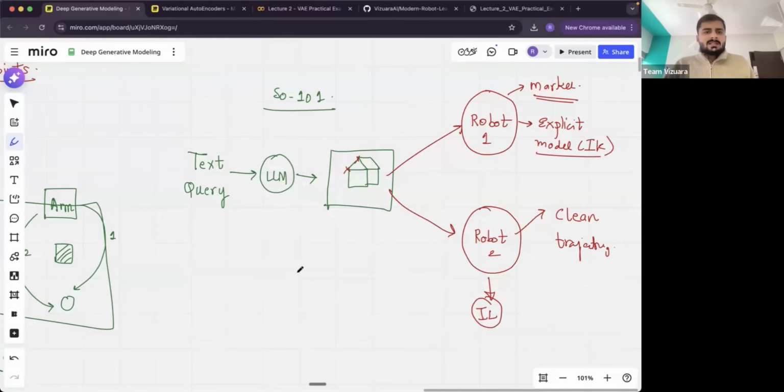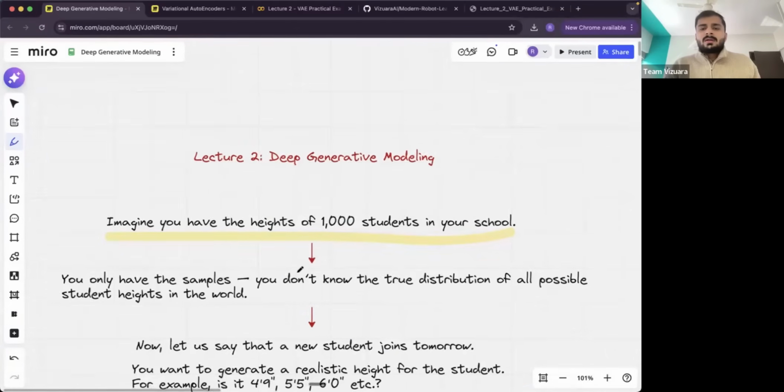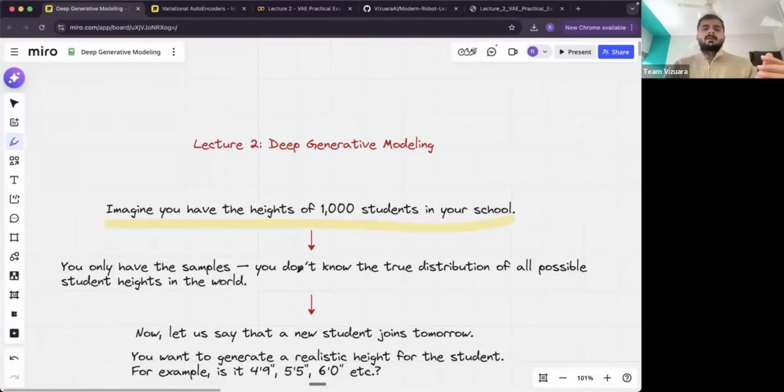Okay, so let's start today's lecture now. Today the main focus is going to be on deep generative modeling. And I understand that some people find it very hard to think in terms of probabilities. For us, what comes naturally is that given an input, this is the output.